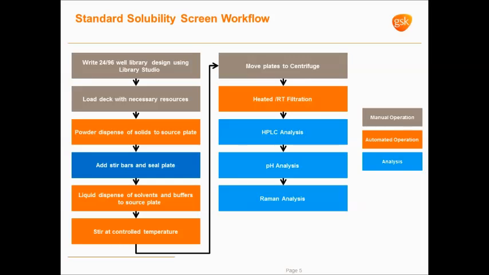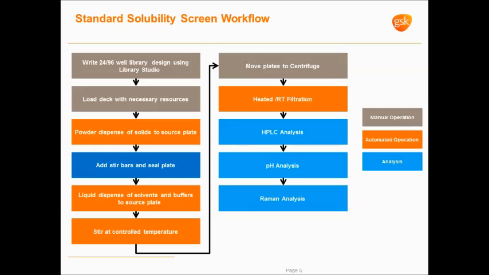Once we have the recipe from Library Studio, it dispenses the powder and the solvent or buffers, and then it's set up to control temperature or stir rate for the hours specified in the recipe. Then we can do heated or room temperature filtration, and whatever is in the filtrate we can run for LC analysis. The filtrate can also be run for pH analysis for the biorelevant media study.